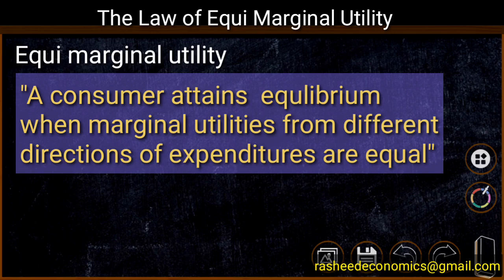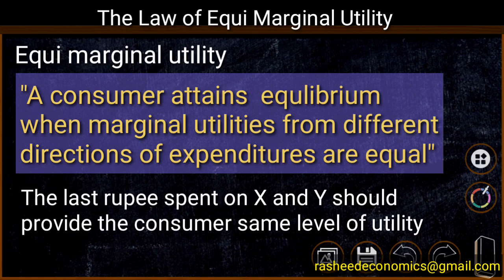Here, a consumer is trying to equalize the amount of utility that he is receiving from a commodity with that of another commodity. Or we can say that the last rupee spent on a product, for example X, should provide the consumer the same level of utility as that of Y.